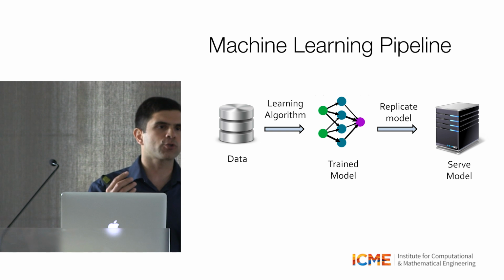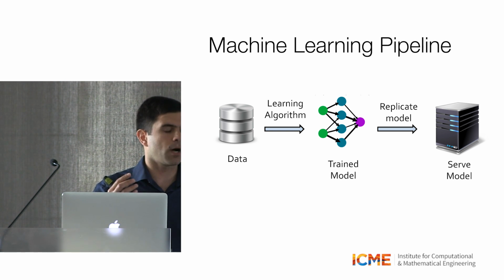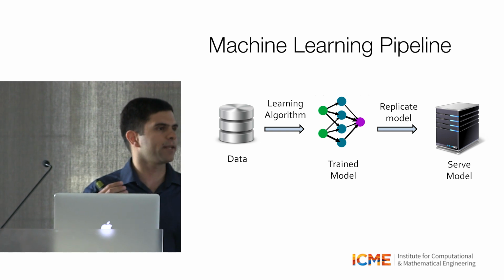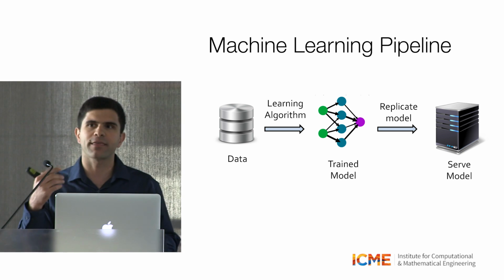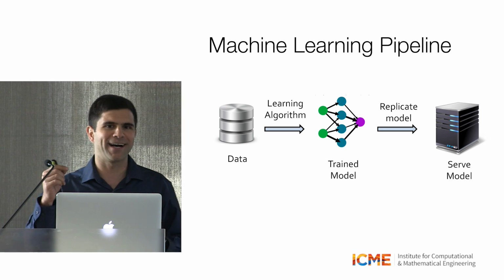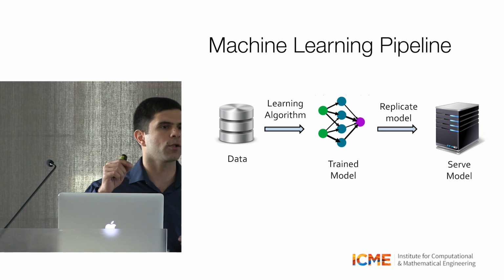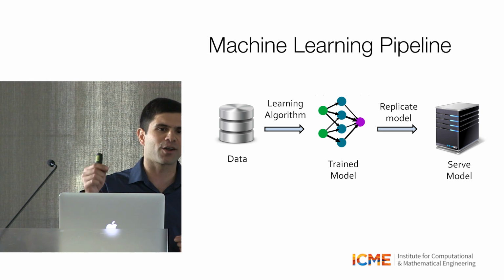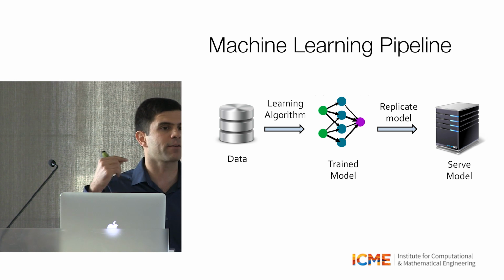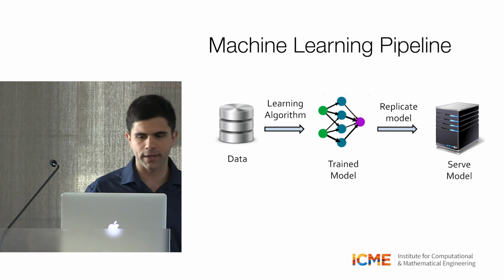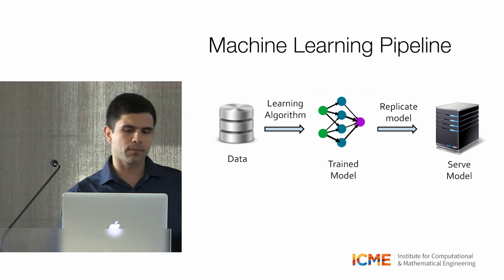But we've observed that large models also help us model complex problems quite efficiently without having to think too hard about modeling, without having to think too hard about putting our own smarts into the model. So it's a little bit of laziness on our behalf that we want large models, but nevertheless, they help push the field forward. And then replicating the model and serving the model should be obvious.